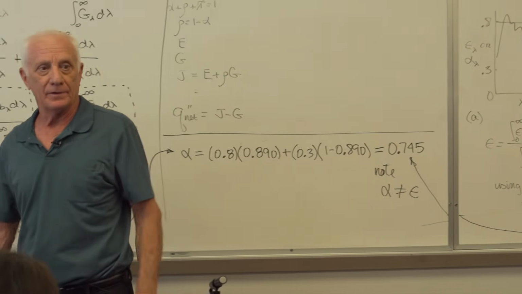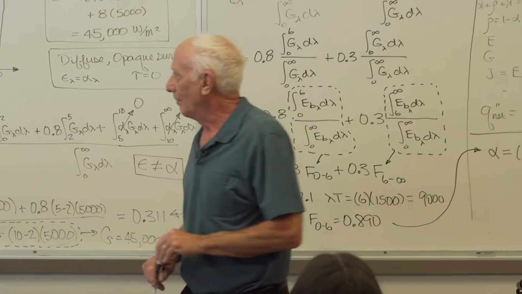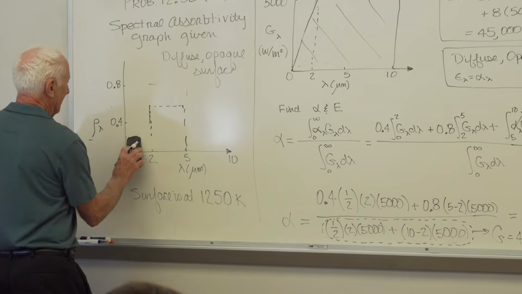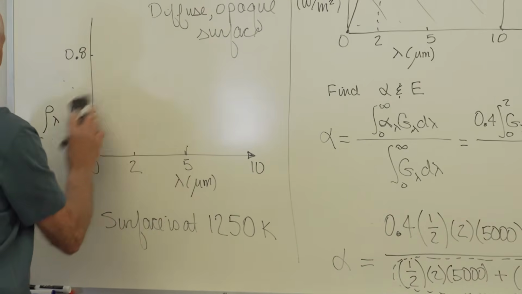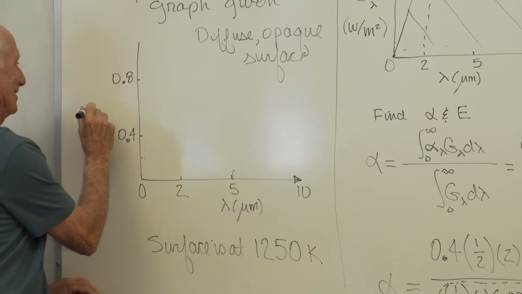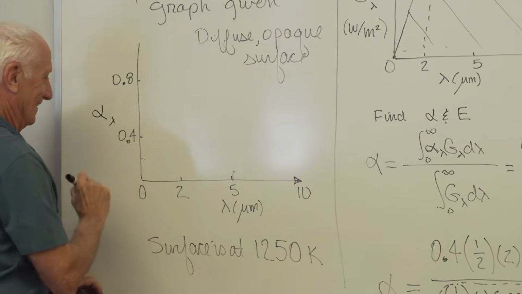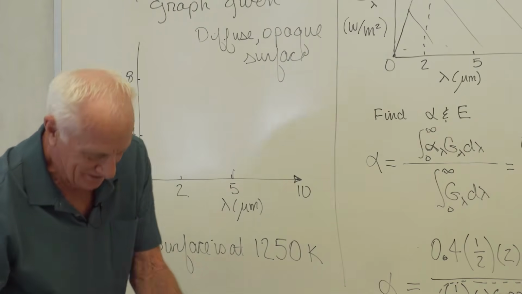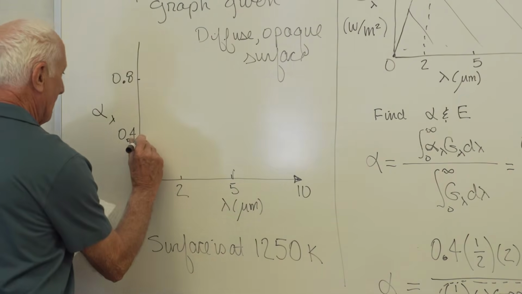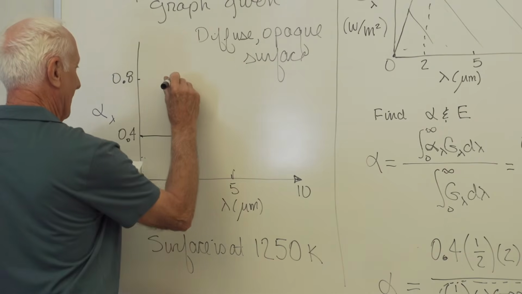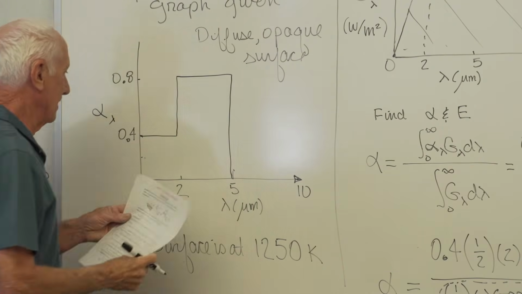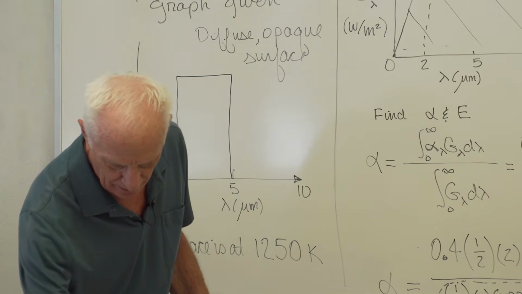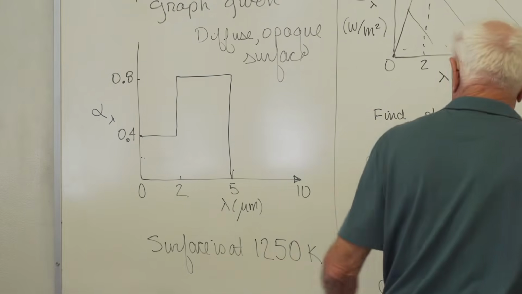For 0 to 2, it was 4/10, then 8/10, so it's 1 minus 4/10, 6/10, and 1 minus 8/10, 2/10. I don't want to mess this up for the next class, so let me get this back to where it was.